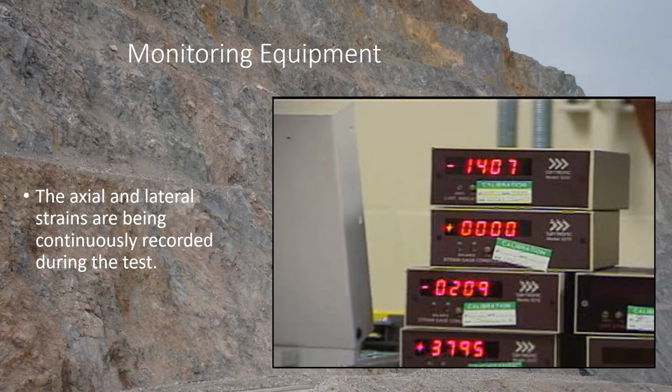So during the test, we're monitoring both the stress applied on the sample, but also the lateral and axial strains, and each sample is equipped with 2 sets of both lateral and axial strain gauges, and this is done basically as our insurance in case one of the strain gauges malfunctions during the test.